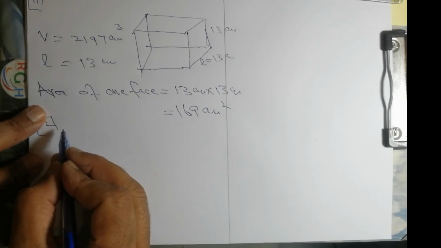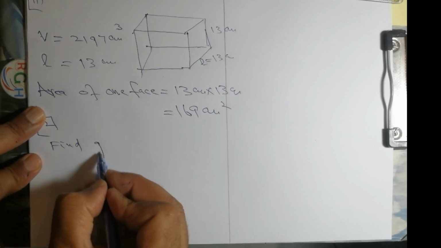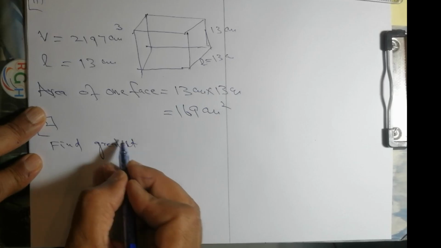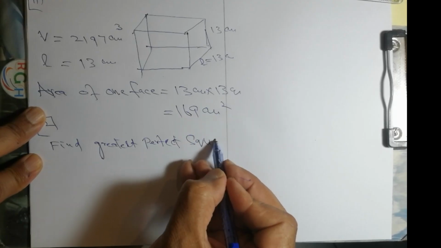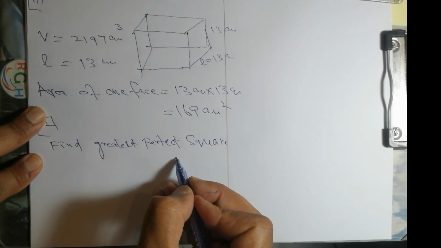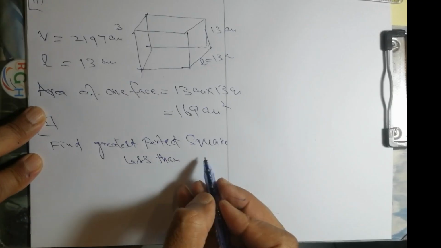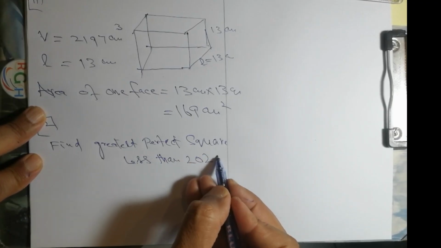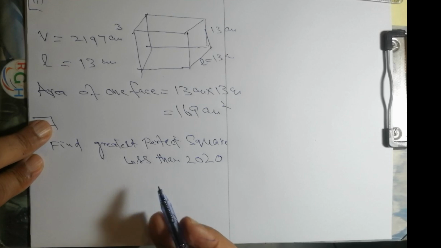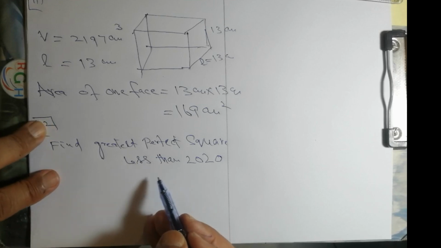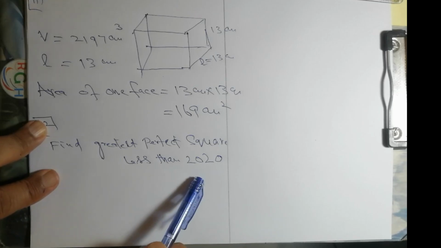So we need to find the greatest perfect square less than 2020, because the total number of squares he has is 2020. The number of tiles should not be greater than 2020, it can be somewhat less, no problem.